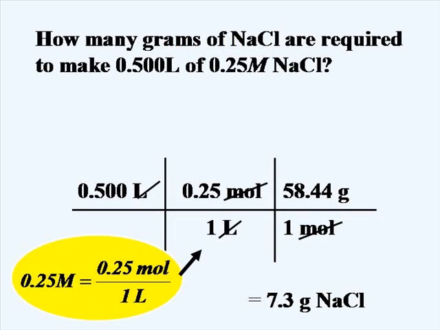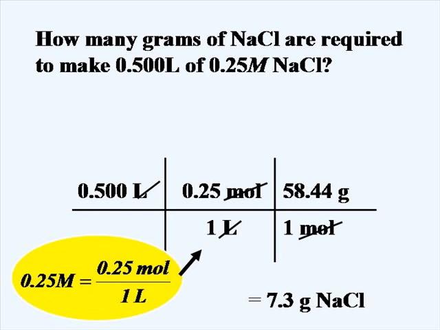In order to determine how many grams of sodium chloride we need to make half a liter of a 0.25 molar sodium chloride solution, we start with the volume, 0.5 liters. We then use the molarity, 0.25 molar, as a conversion factor. 0.25 moles in 1 liter is what 0.25 molar means.